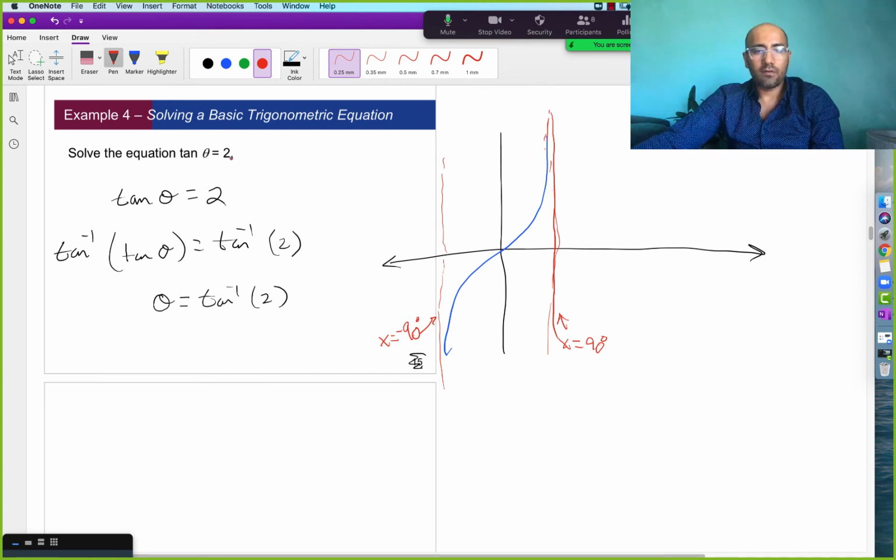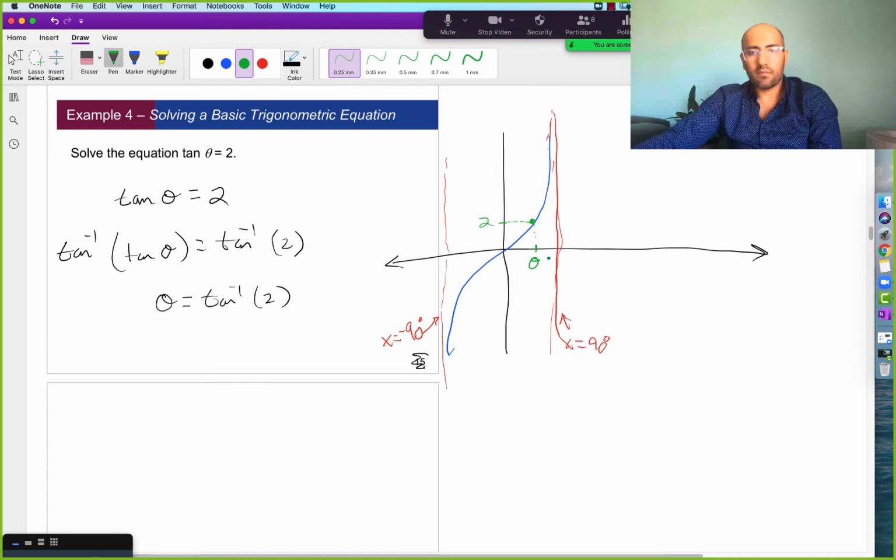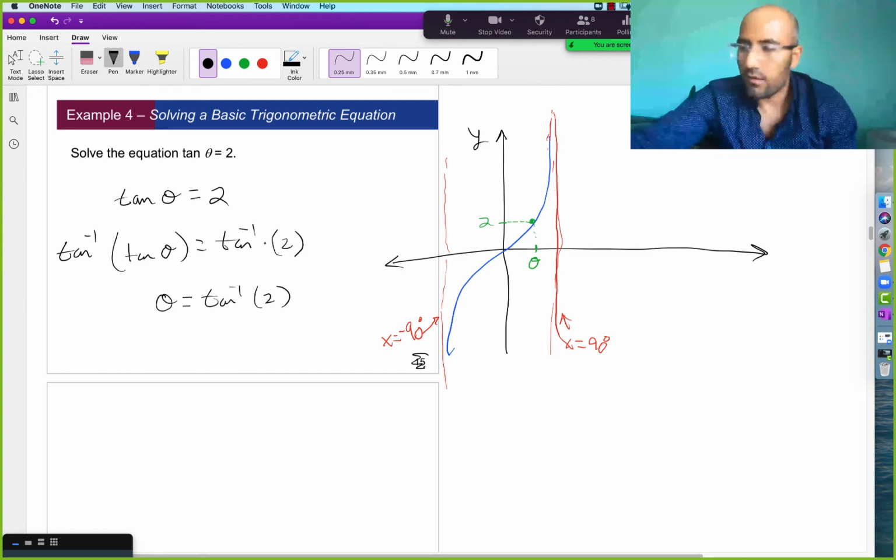Good. So we're looking for something involving 2. So let's say that here is 2. So we're looking for an angle theta such that tangent of theta equals 2. Right? That's what we're looking for. So when we apply our tangent inverse function on our calculator, we'll get the angle we're looking for.